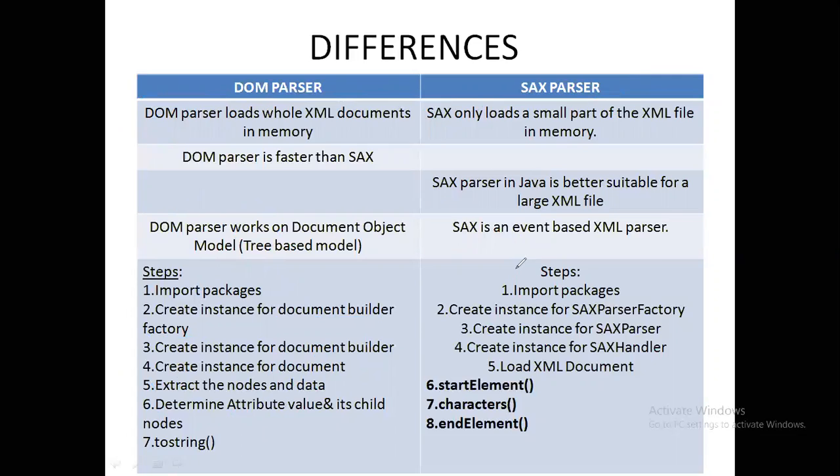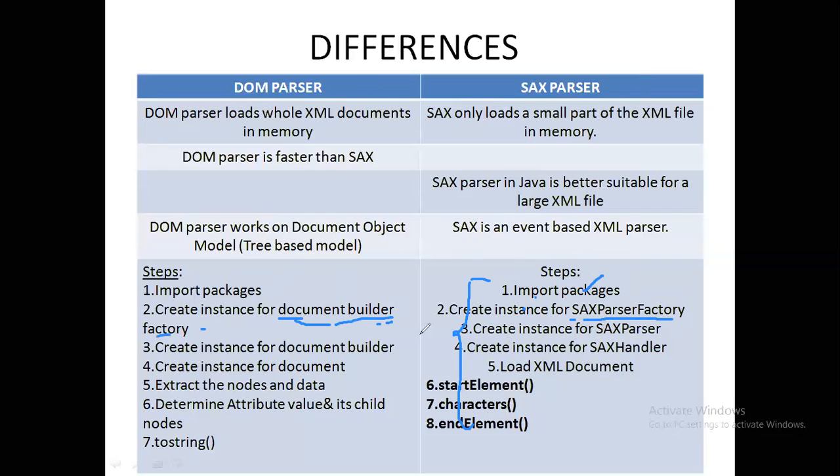So when we are going to write the program using SAX parser, we have to keep these things in our mind. First of all, we have to import the necessary packages like DOM parser. Second, we have to create the instance for SAX parser factory. In the case of DOM parser, we have to create the instance for document builder factory.